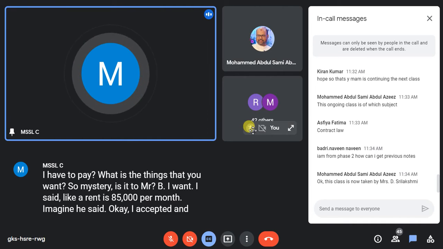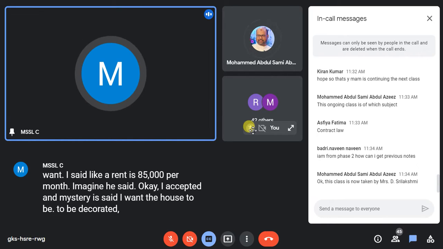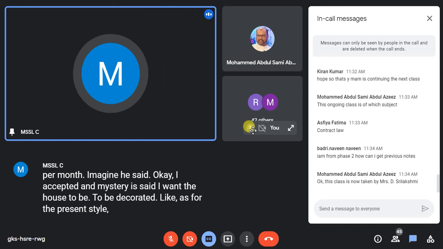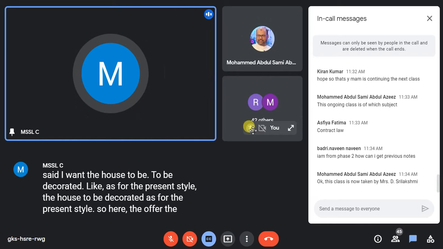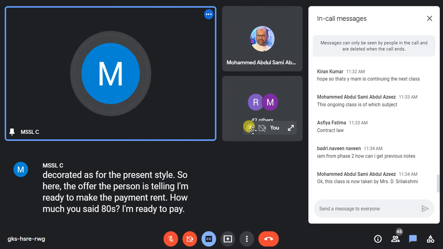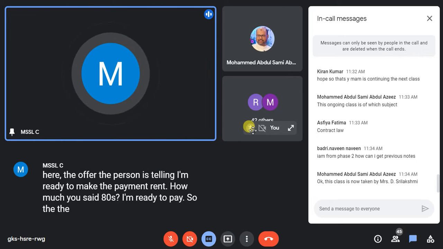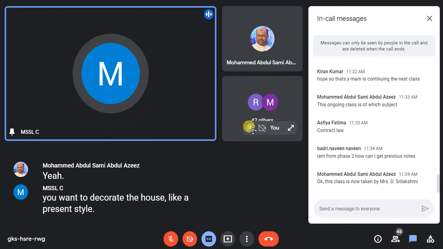And Mr. A said, I want the house to be decorated as per the present style. So here the person is telling, I'm ready to make the payment. Rent, how much you said? 85,000, I'm ready to pay. So the style of the house, if you want to decorate it like a present style, is it clear?